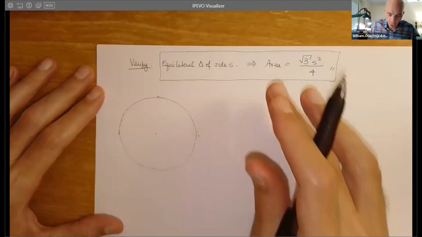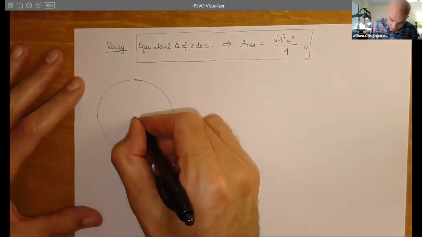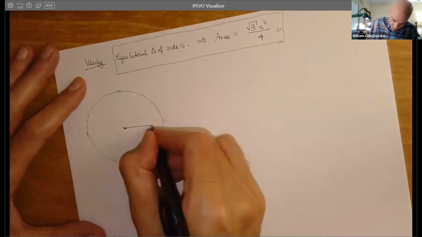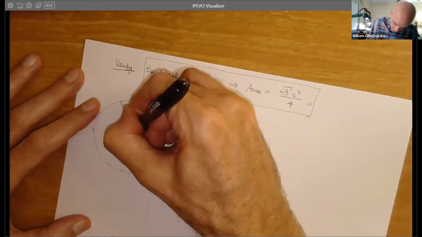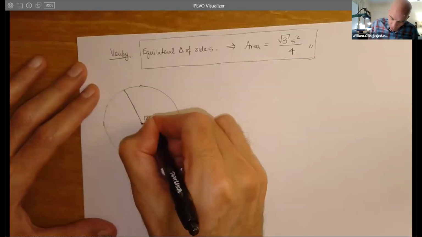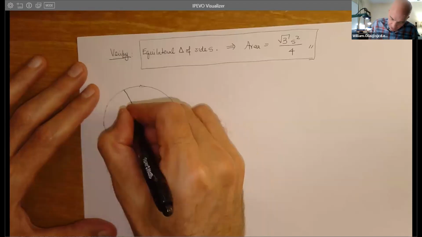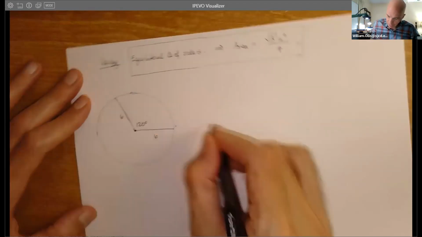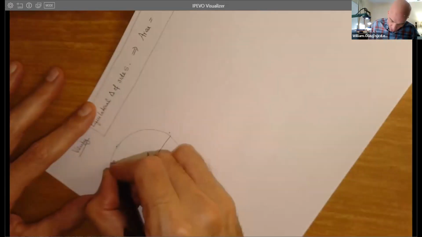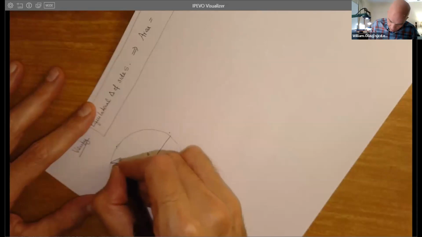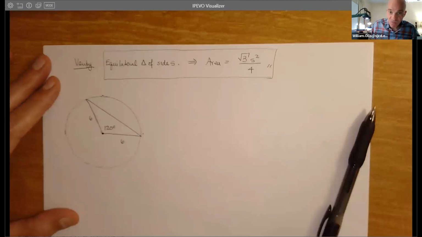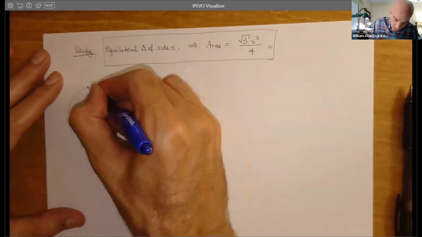So we got a circle here, with a central angle of 120 degrees. We have a radius of 6, and we draw a chord connecting these two terminal points right here. And we have, in this case, the blue shaded area.